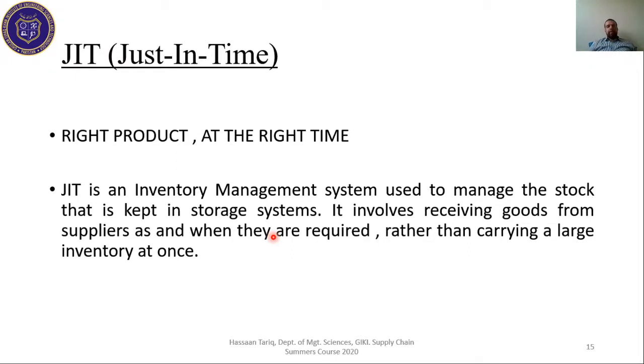For just-in-time, let me tell you, the simple layman definition is the right thing at the right time, right? So basically, just-in-time is an inventory management system used to manage the stock that is kept in storage systems. It involves receiving goods from suppliers as and when they are required, rather than carrying a large inventory at once.